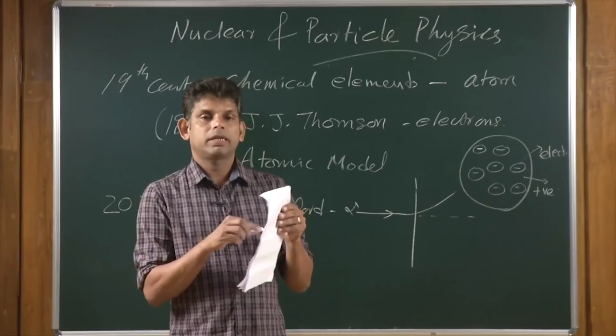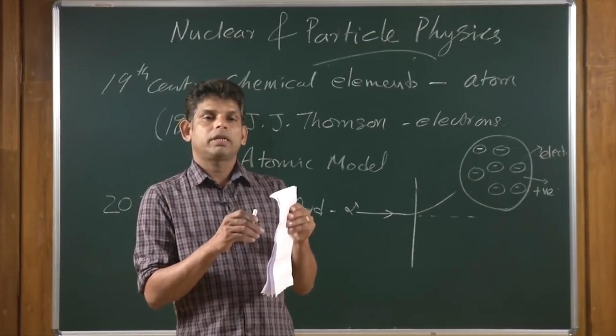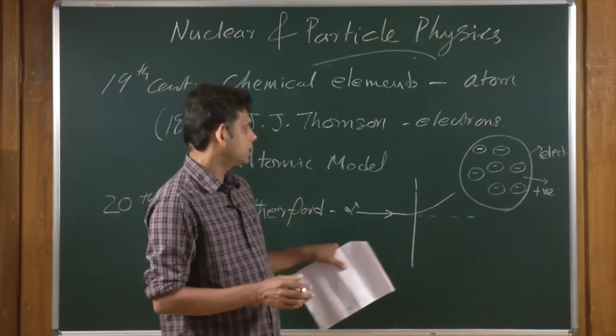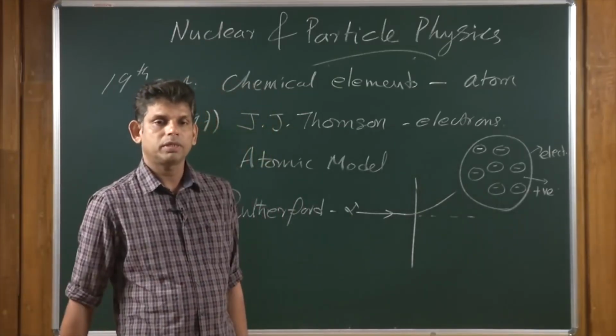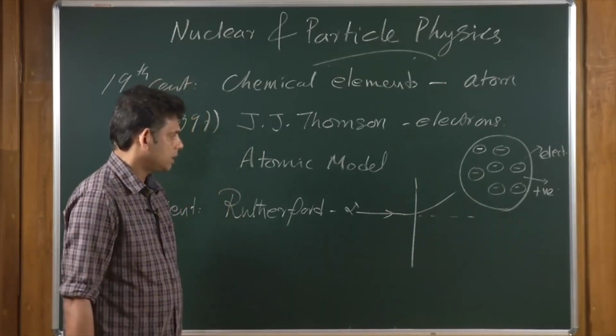So, these alpha particles will see this, there will be an electromagnetic repulsion and they will scatter. So, this scattering is then, if it is something like uniformly spread out in the sphere, then it will be kind of mild. So, that is what was expected.